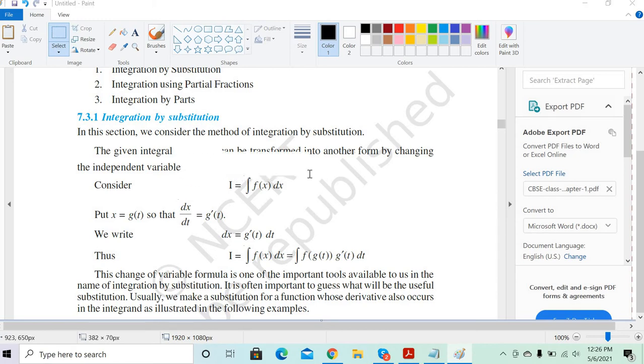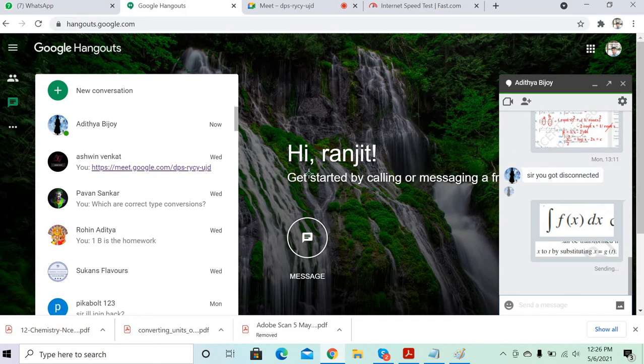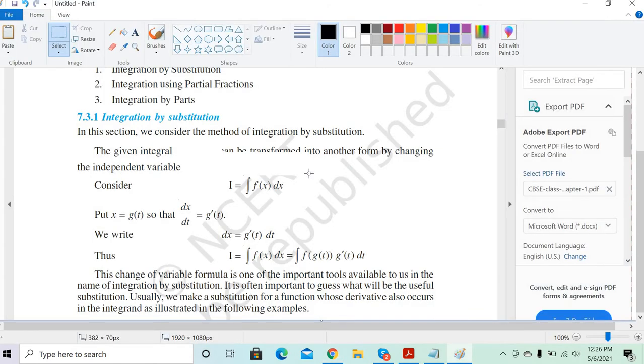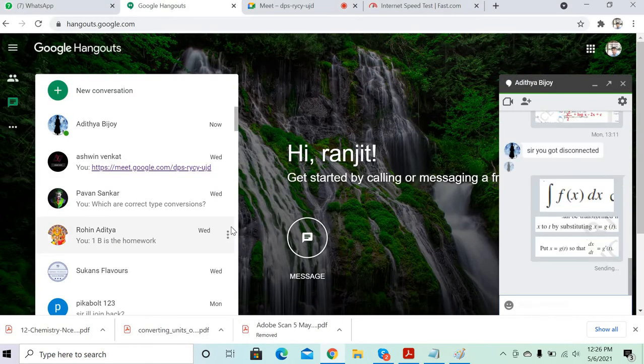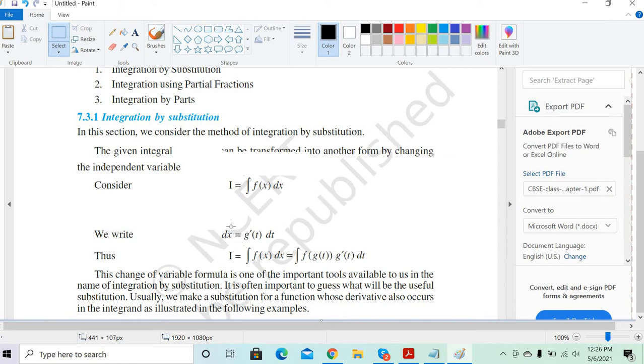That means we are introducing another variable called t. Let's say we put x is equal to g of t, and then we try to differentiate. We get x is equal to g of t, then dx by dt will be equal to g dash of t. This part is clear.